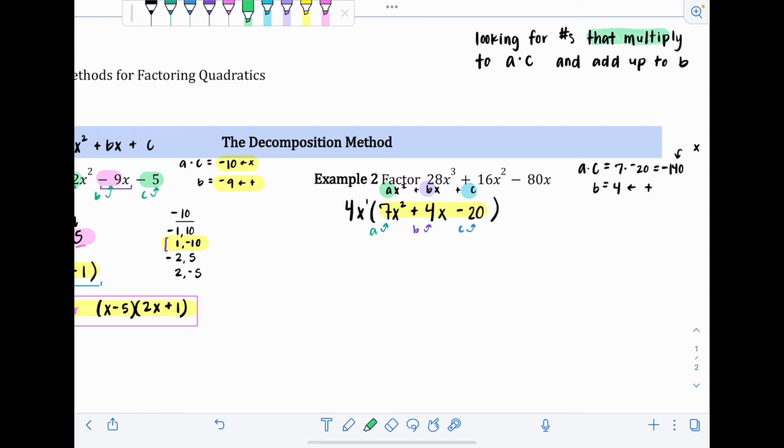Okay, so multiply to a times c, that's this part, negative 140, and then add up to b, b is 4.